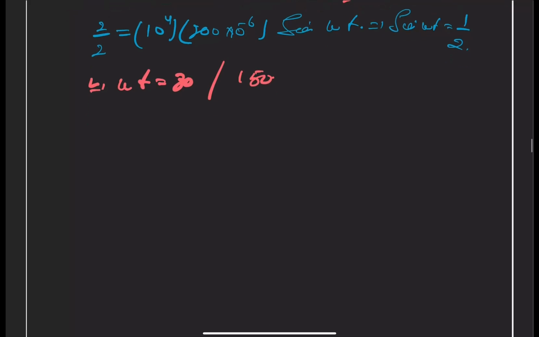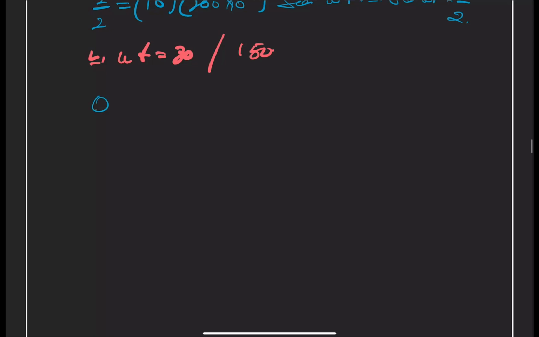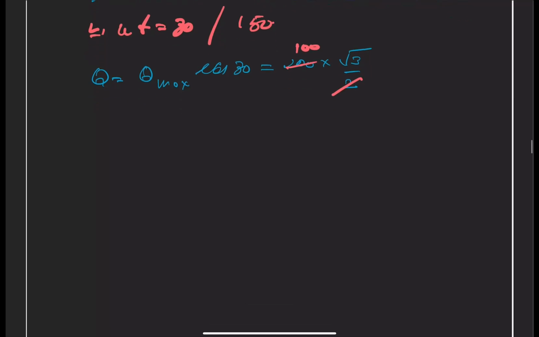Therefore, we get Q is equal to Q max cos of 30, which gives us 200 square root of 3 divided by 2, and if we cancel it, we get our charge is equal to 100 square root of 3 microcoulomb.